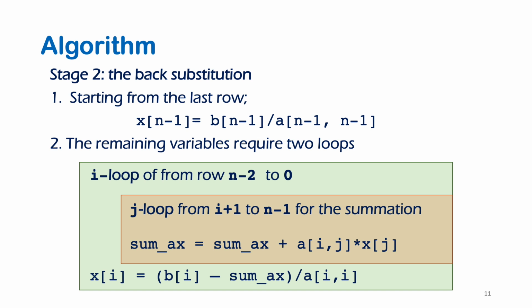The inner loop is to calculate the summation of the x's multiplied by the corresponding a's of each equation. Finally, in the outer loop, the value of the current x is found. In this algorithm of back substitution, we have to put the calculation of xi after the j loop because it depends on the sum ax value.